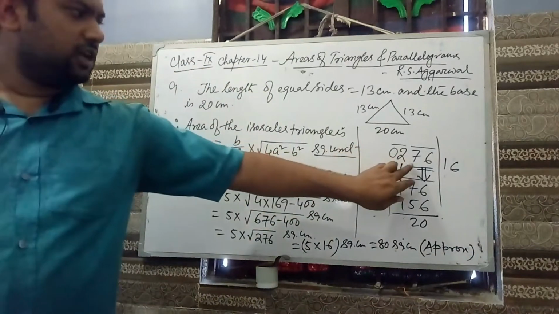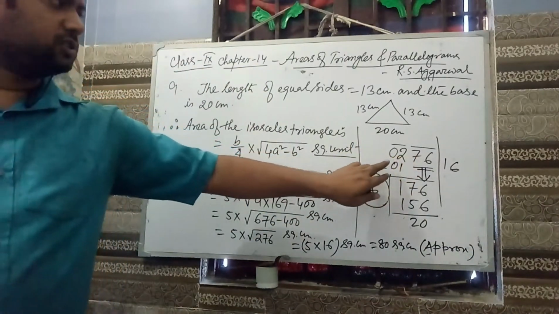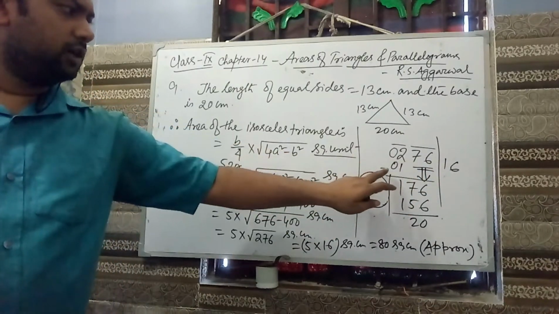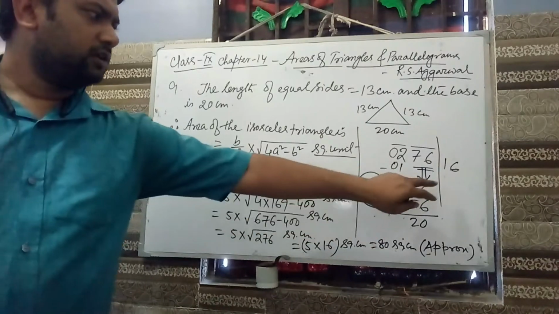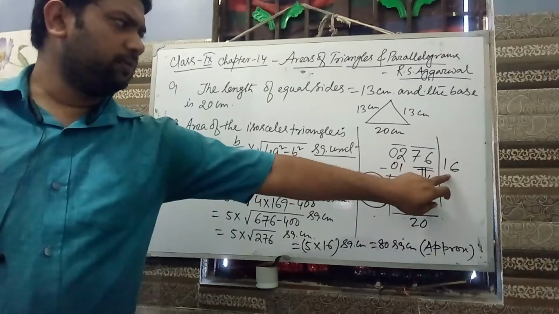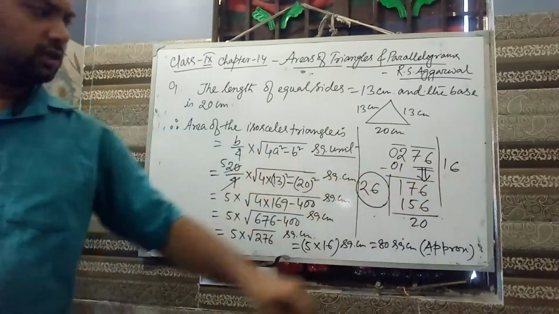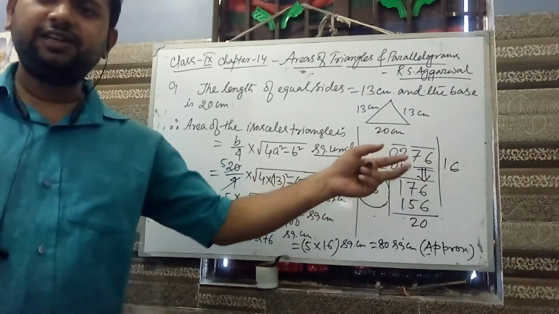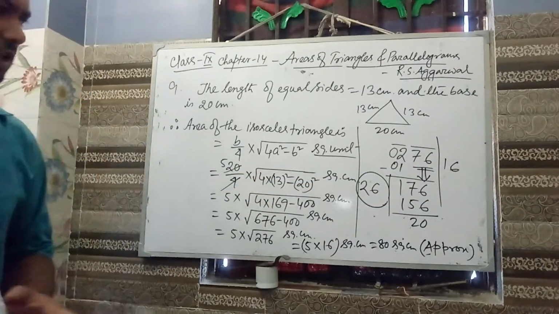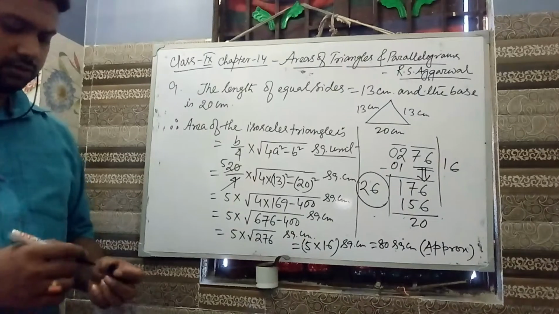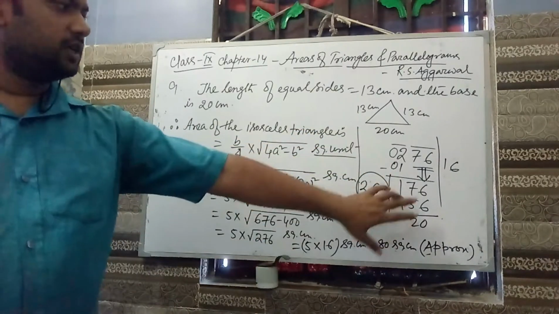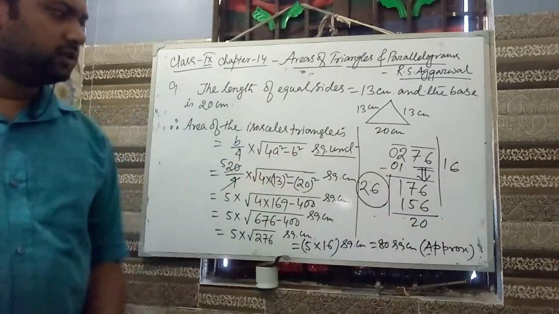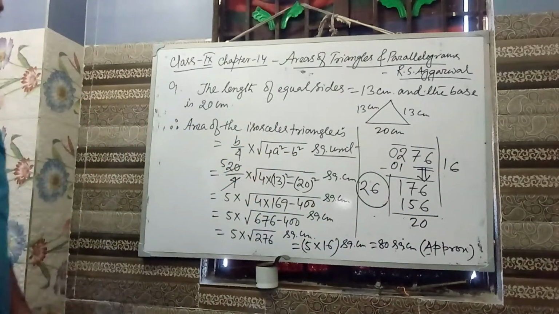Because this number 276 was not a perfect square number, so we have to find the nearest square root number of 276, that is 16. You can also find the square root of 276 in decimal places. That is also acceptable. Since I have small space, I just stop at 16. You can continue it by taking decimals.